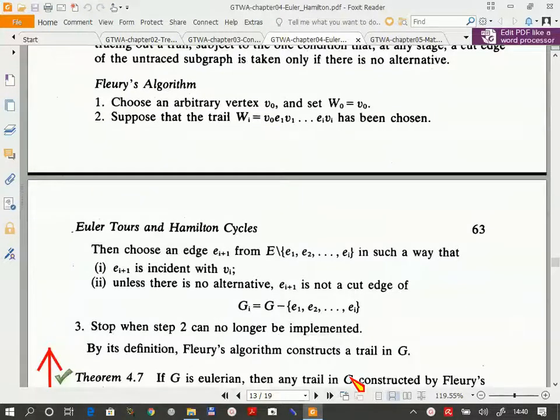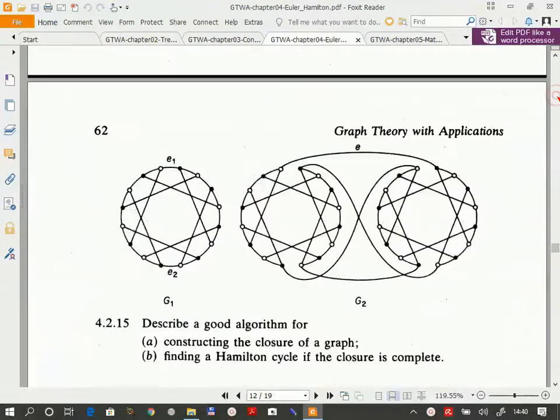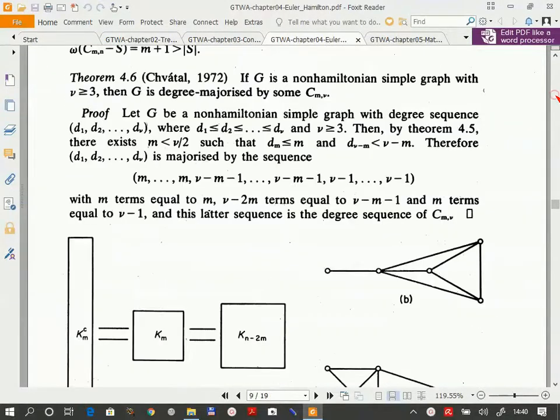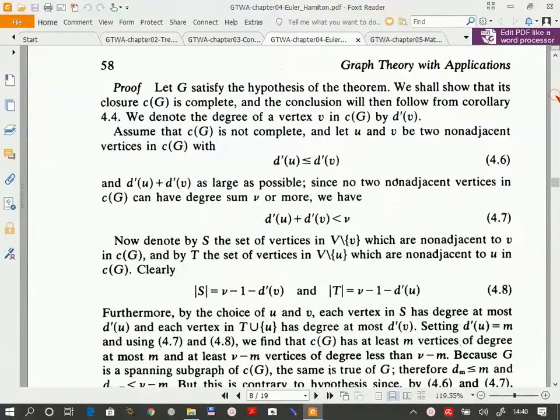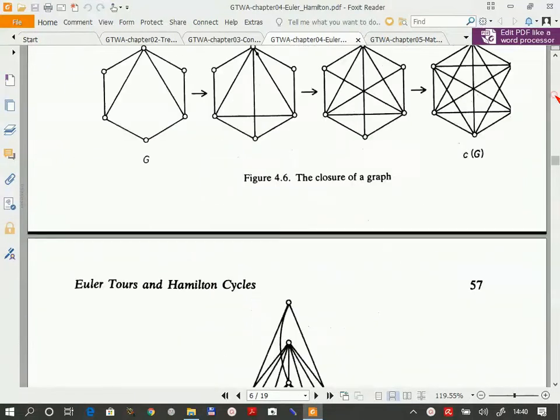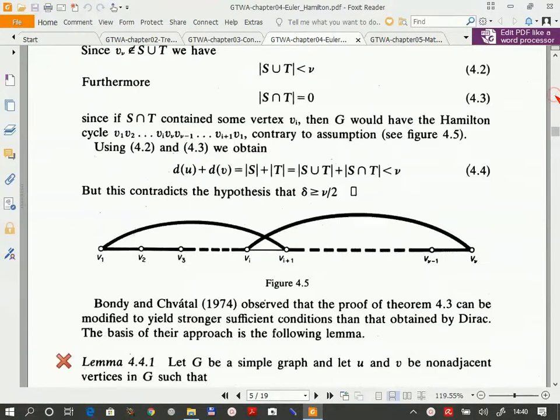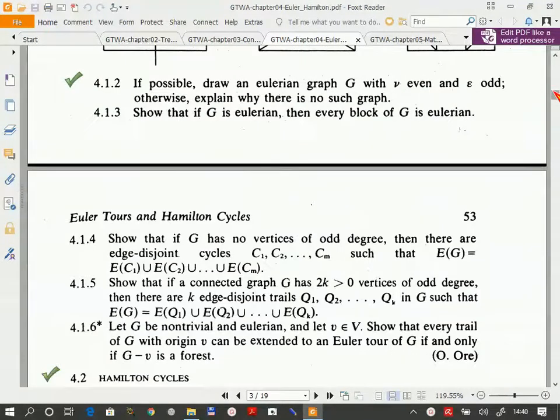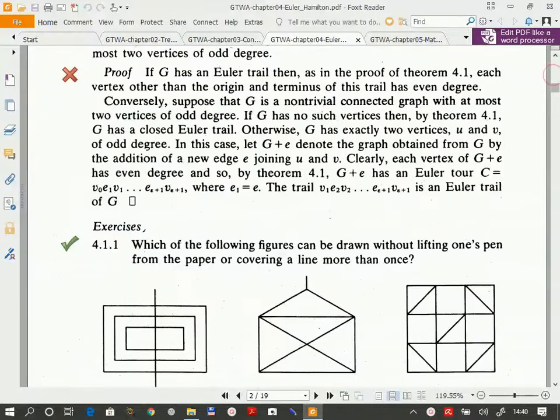I suggest that we use it, okay, for seeing how it works on one of the graphs which were given as an exercise. For instance, I would take this without this edge.